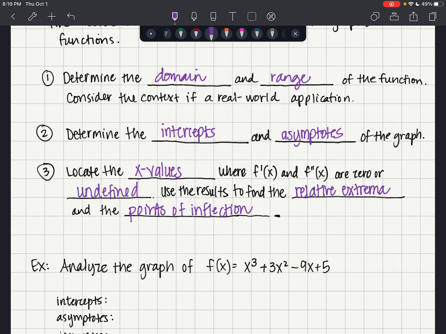Now, for time purposes, we've got the graph of f of x equals x cubed plus 3x squared minus 9x plus 5. I'm going to make myself a note here. You can find zeros, factors, by using synthetic division.